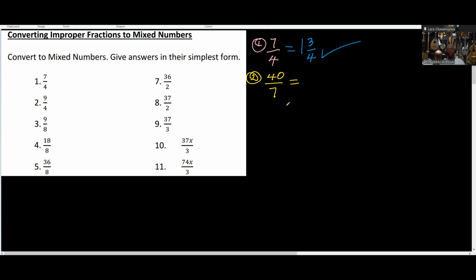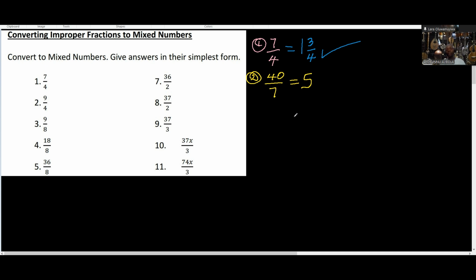But what about 7 times 6? That's 42. It's greater than 40. So we can't go there. So we stop on 7 times 5. So how many times can 7 go in 40? 5 times.